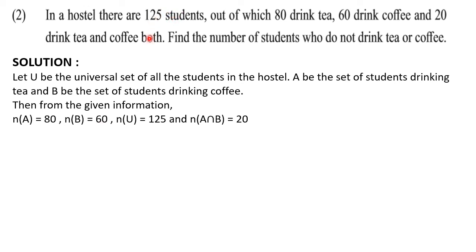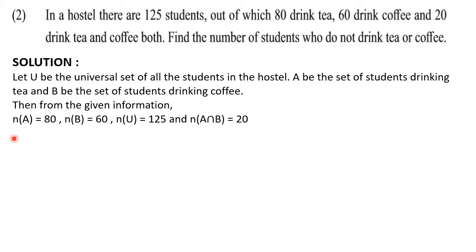Then total number of students, that is n of U, is 125. And finally, see, 20 drink tea and coffee both. Both means common, and the word 'and' is there, so it denotes the intersection. That means n of A intersection B is 20.